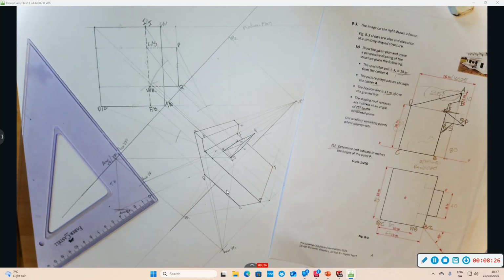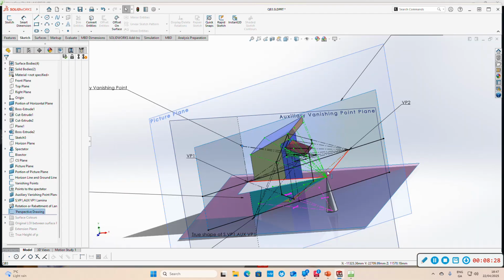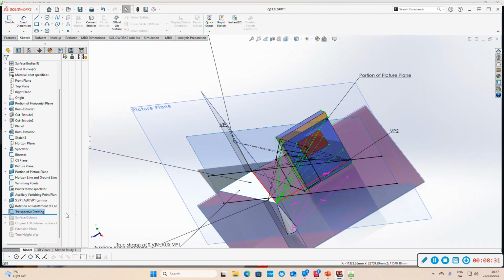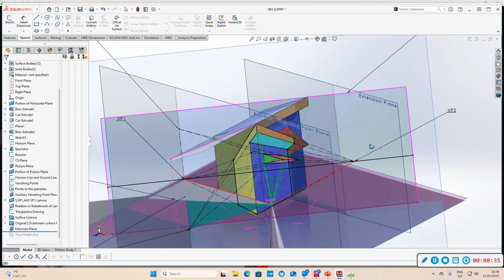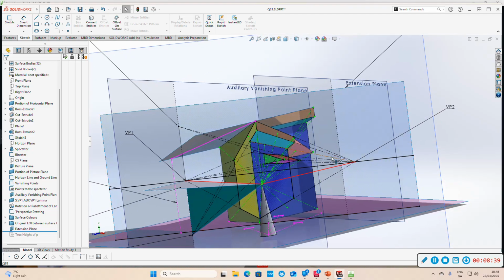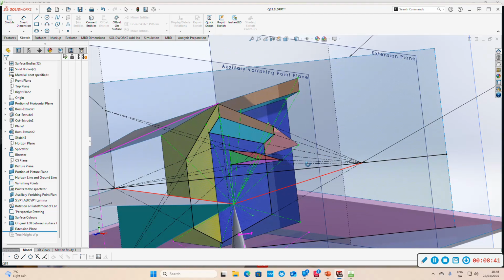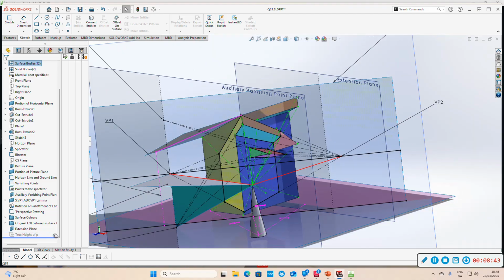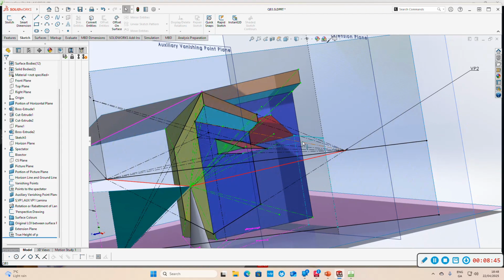So what we're going to do is put a plane through point P, and where that touches the picture plane, it's going to give us the true height of it. So it's going to give us the true height of P by extending that line in to touch it.